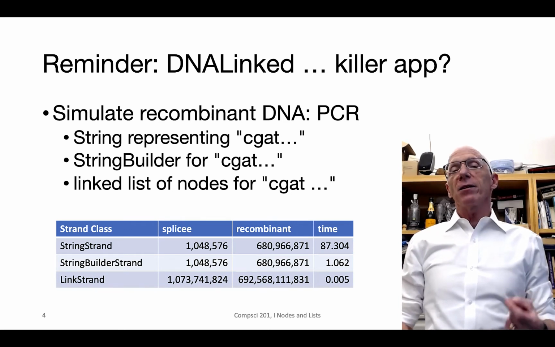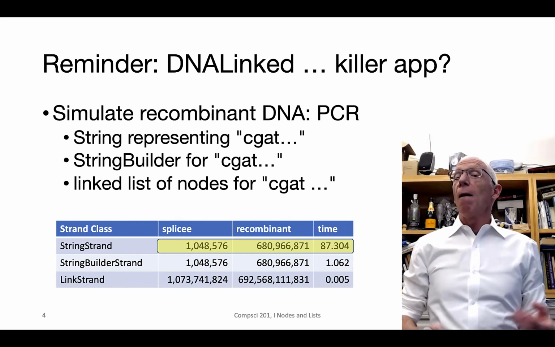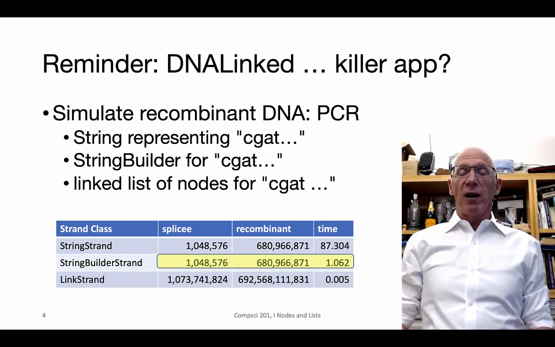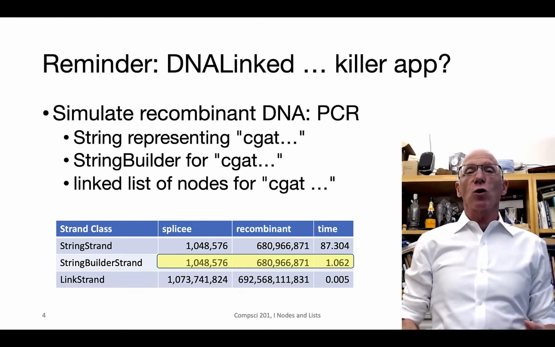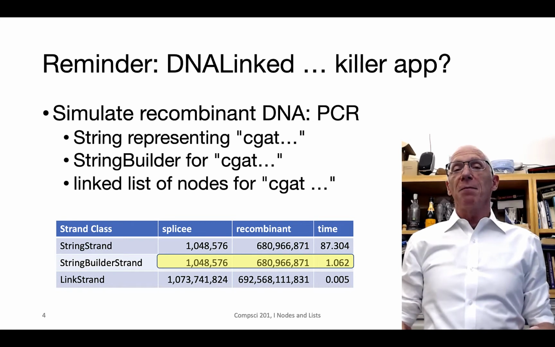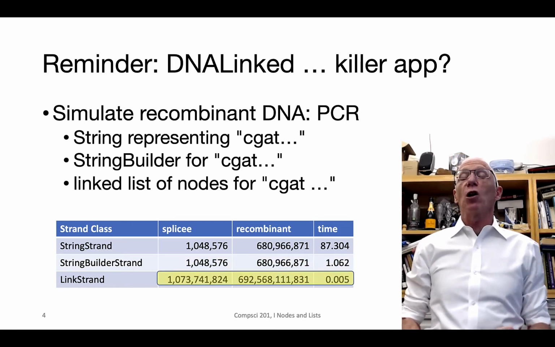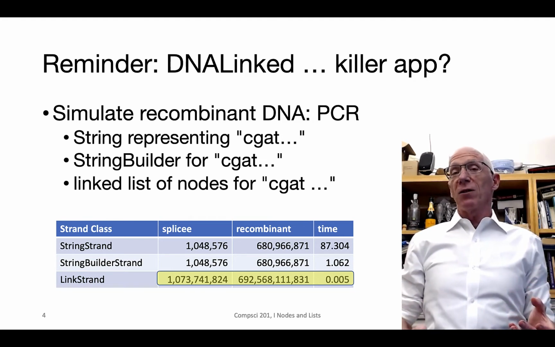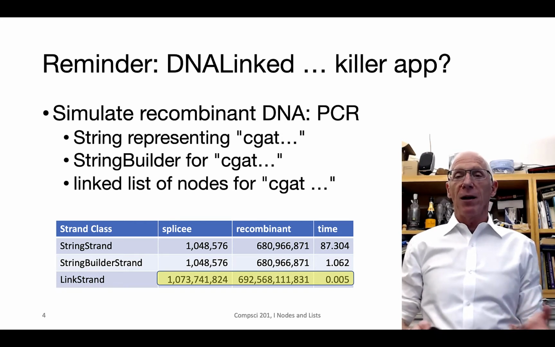In the simulation, you will see string strand, which takes lots of time and runs out of memory, and string builder strand, which takes less time but still runs out of memory, and all of them are dwarfed by the efficiency in memory and time of this linked strand class that uses low-level nodes. This is an example of better use of time and space, which is atypical. Often there's a trade-off, time and space.